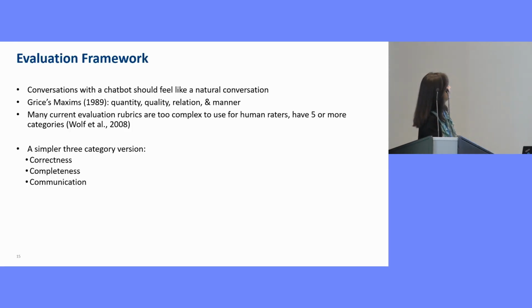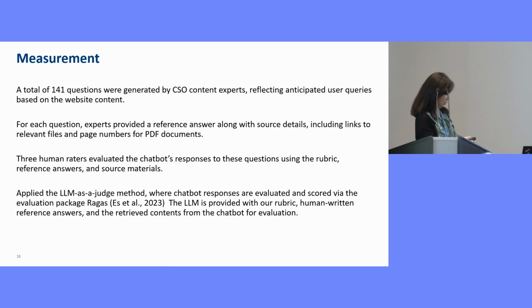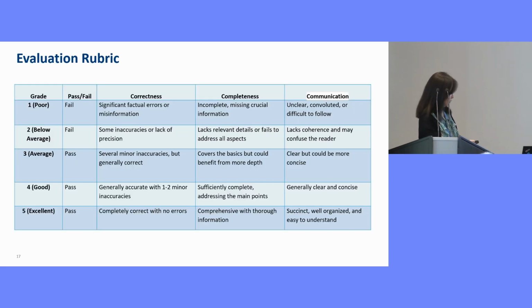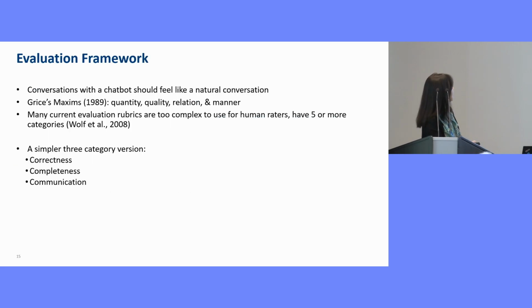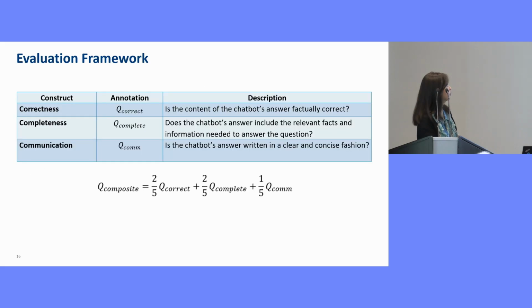All right, so then we need to evaluate it, right? We came up with an evaluation framework based on the Grice maxims. We simplified the evaluation categories to three: correctness, completeness, and communication.